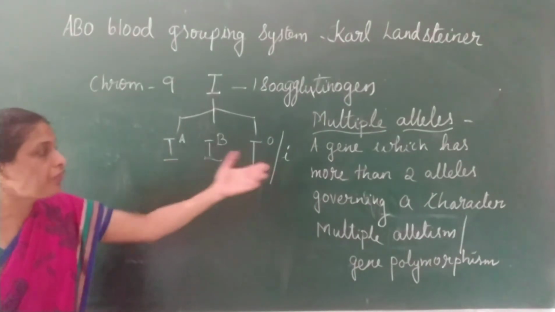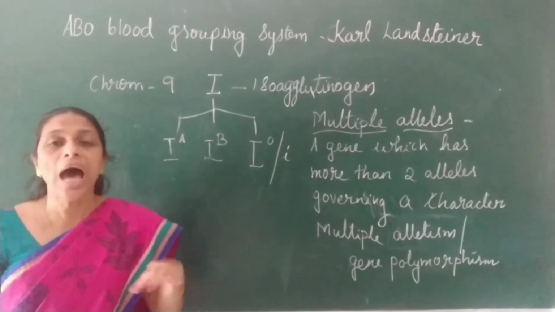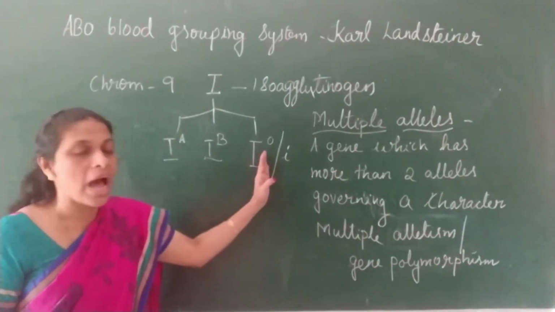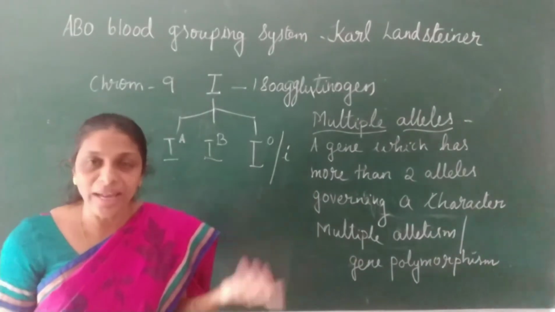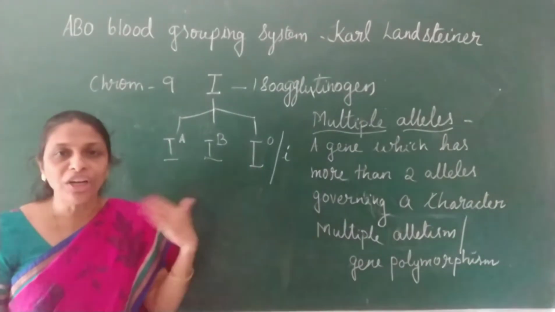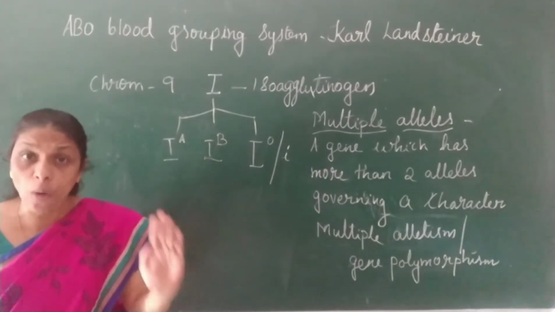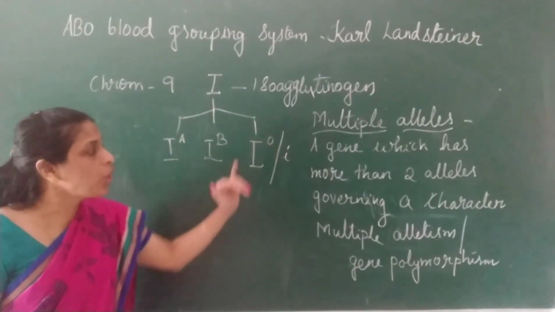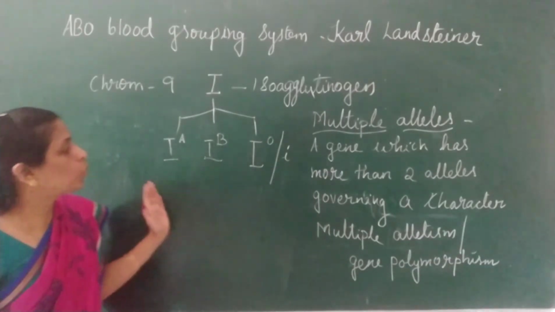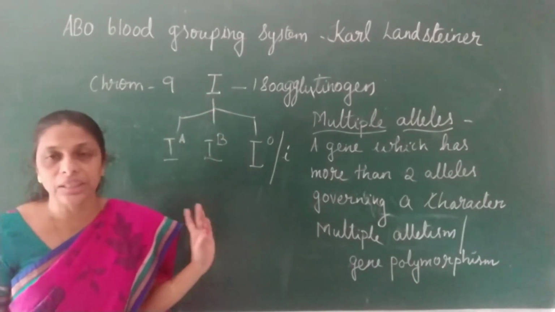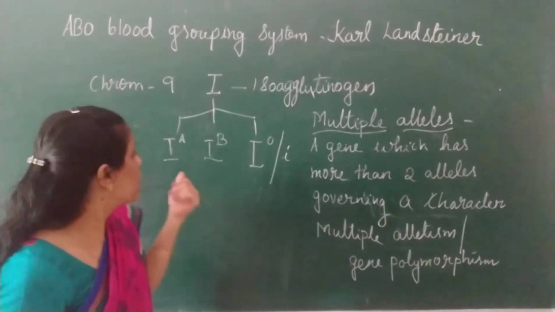Now, of these 3 alleles, IA and IB are dominant over IO or small letter i. This can be read as I-zero or I-O according to convenience. So IA and IB are dominant alleles, and IO or small i is a recessive allele. Hope it's clear. These are the 3 alleles of the gene I. Now, what is the difference between all these 3?